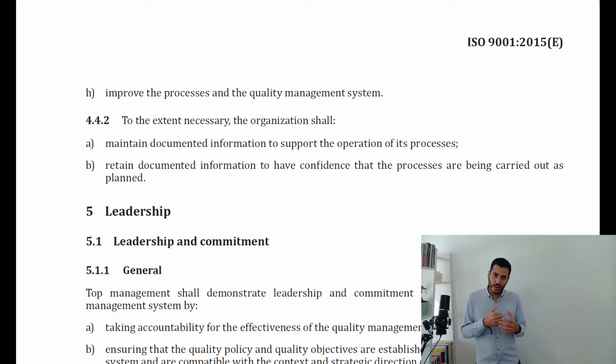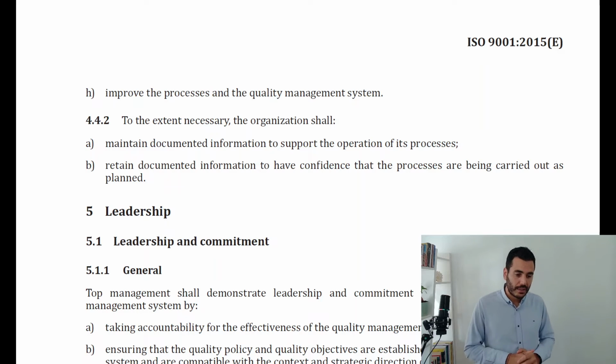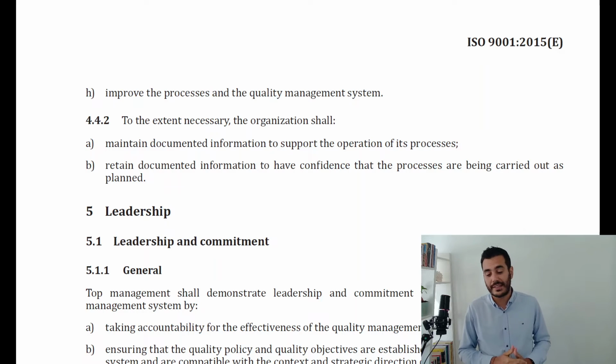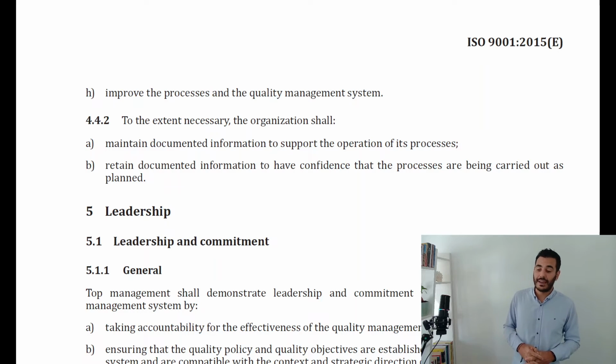And in clause 4.4.2, the standard says that to the extent necessary, the organization shall maintain documented information to support the operation of its processes, and retain documented information to have confidence that the processes are being carried out as planned. What this information in clause 4.4.2 is telling us is that, first of all, we have to map out our processes.